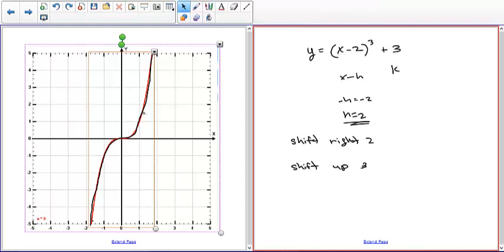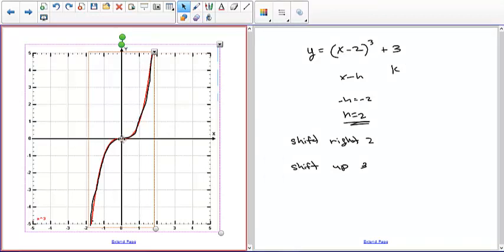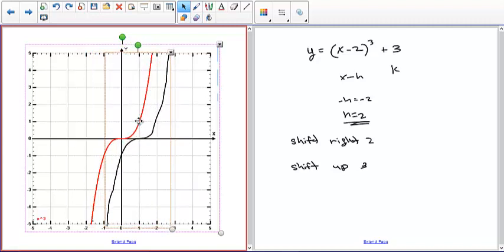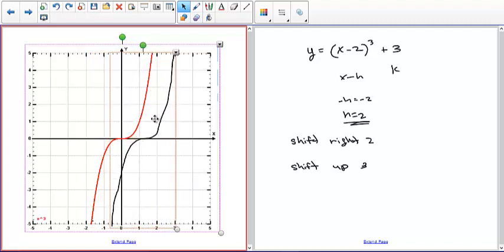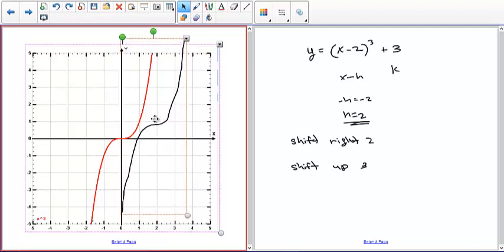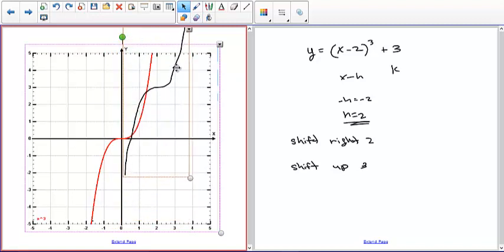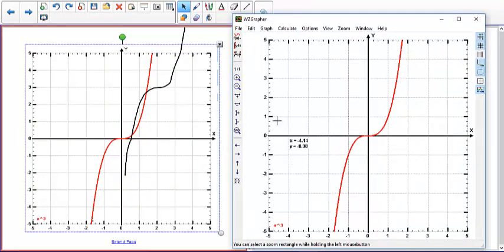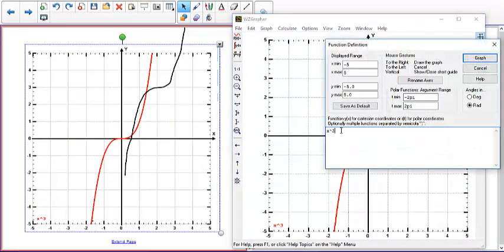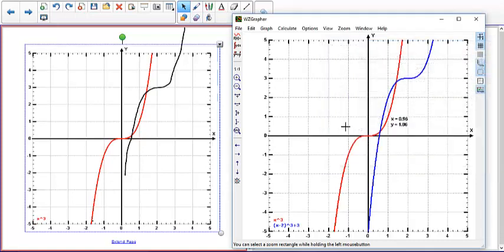I just take the parent function and shift it so that the anchor point, the origin, moves 2 units to the right, and then up 3 units. 1, 2, 3. There we go. Okay, double check here. We take x cubed as my parent, and then we have (x minus 2) quantity cubed plus 3. Graph it, and there it is. It's shifted up.